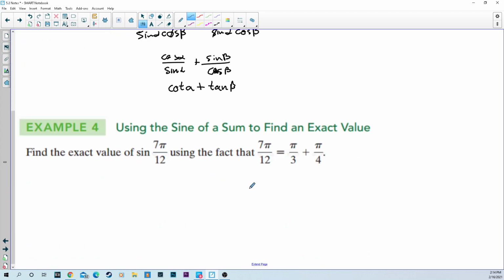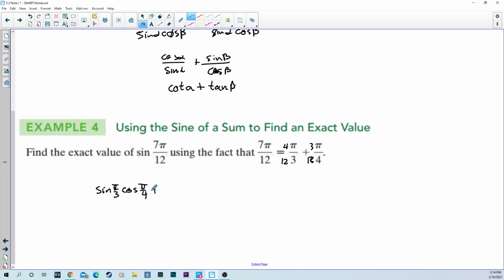Using the sine of a sum to find an exact value. Find the exact value of sine of 7 pi over 12 using the fact that 7 pi over 12 is really 4 pi over 12 plus 3 pi over 12. And we know those. It's pi over 3 and pi over 4. We're doing the sine. So that's sine of pi over 3 and then cosine of pi over 4. This is the pattern for sine.